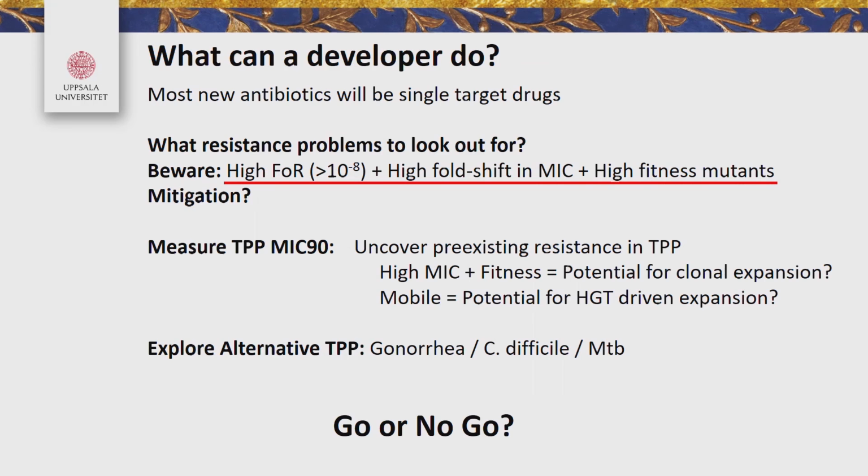So you're a drug developer. What can you do? Most new antibiotics will be single targeting, and once you've started developing your compound, there's not a lot of options to change the target of it. So you have to deal with the compound series that you have. So what are the problems to look out for? Beware the combination of high frequency of resistance, high fold shift in MIC, and high fitness mutants.